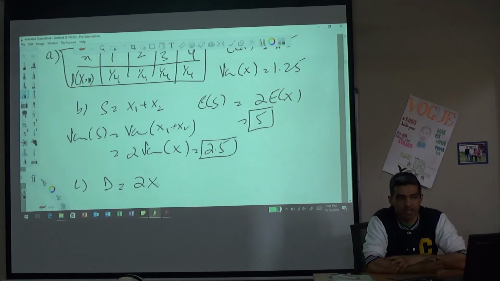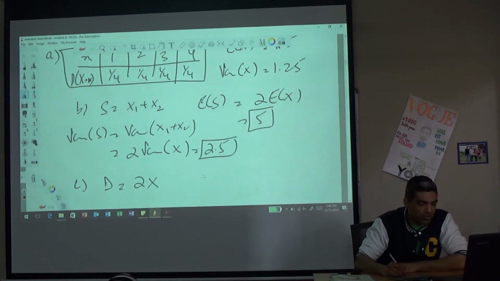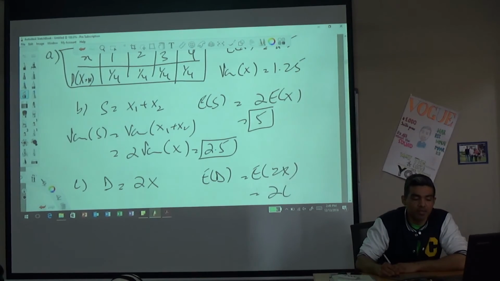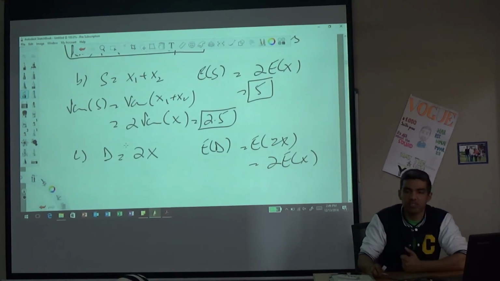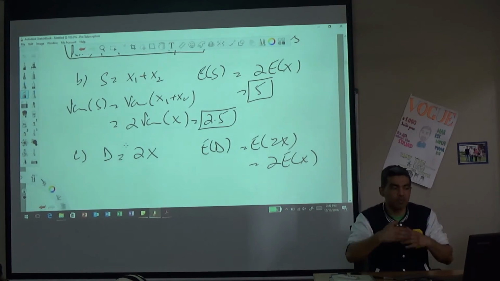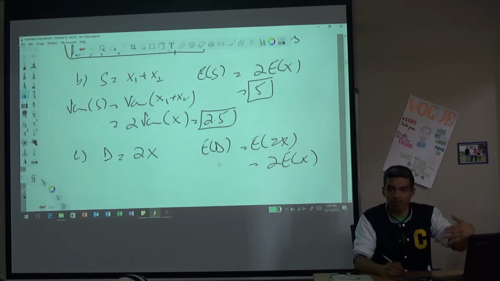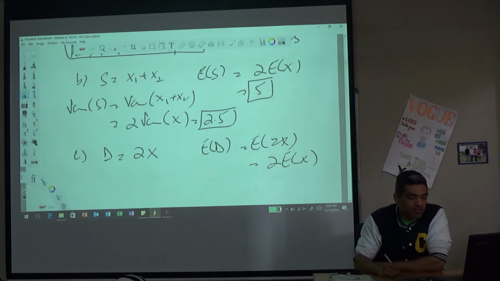That's all he's saying. So you know expected value of D would be expected value of 2x, which would be 2 times expected value of x. Now there is a reason why I want to create a distinction between these two parts. This is 2 times 2.5, which is 5.